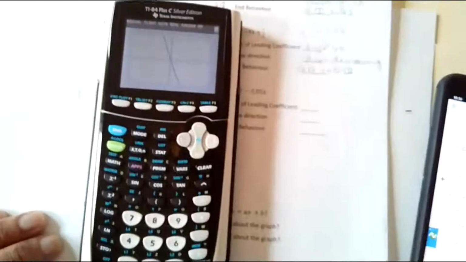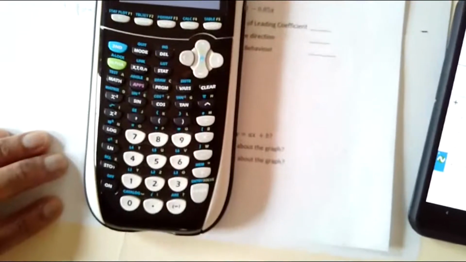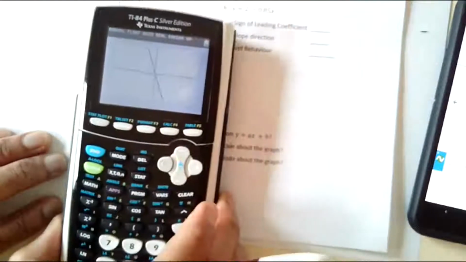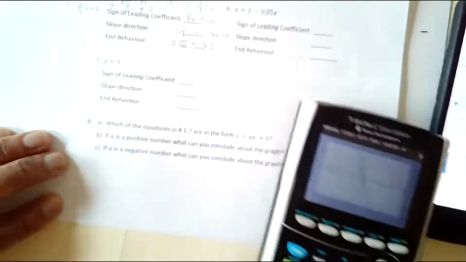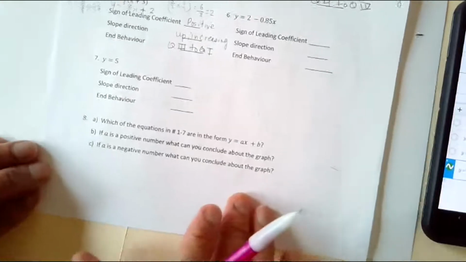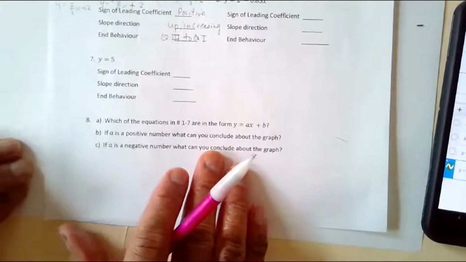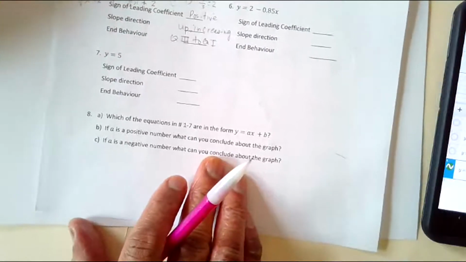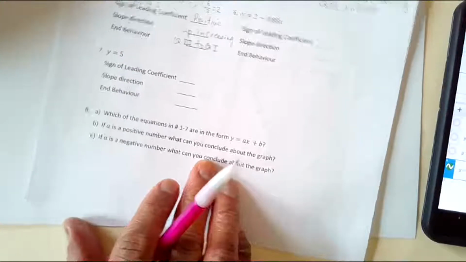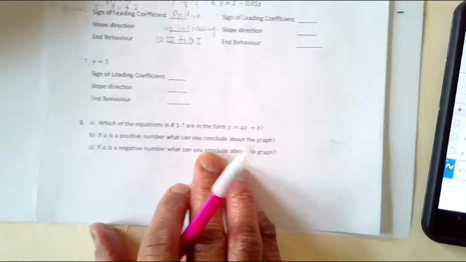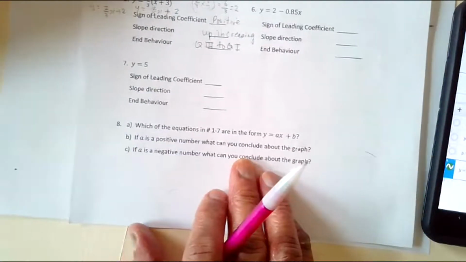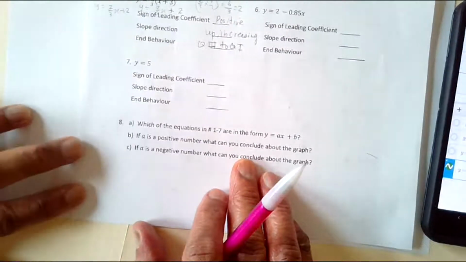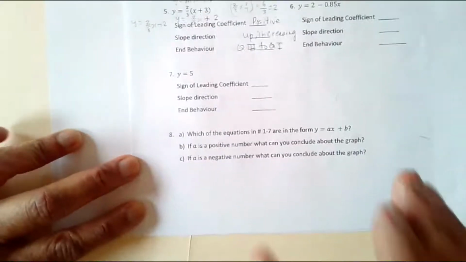Okay, I'll zoom out. Okay, center my camera.